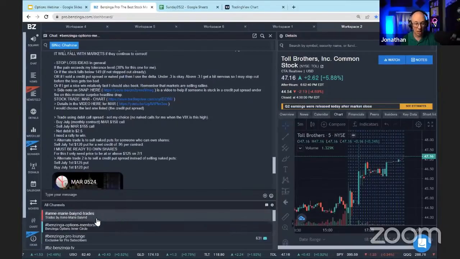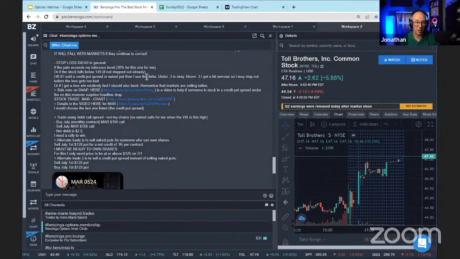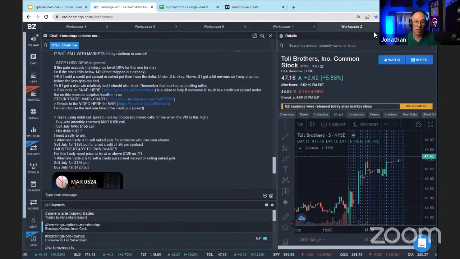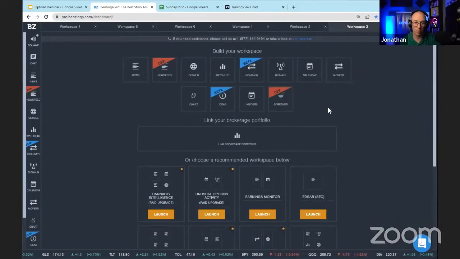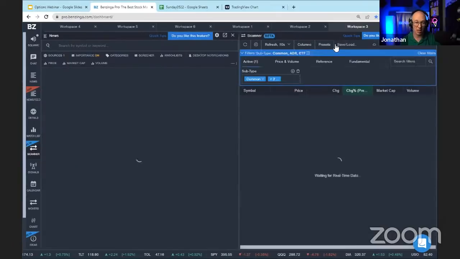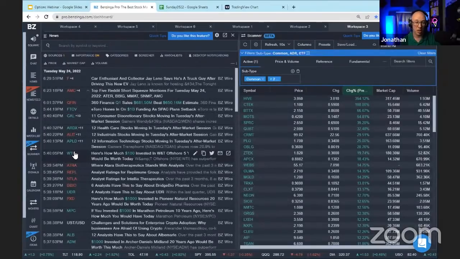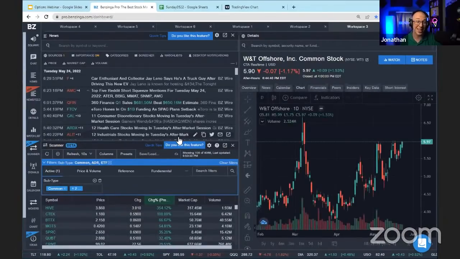But basically, it's this chat room, Benzinga Options Mentorship, inside of Benzinga Pro. It's the Options Mentorship Program. And then you also get all of these other tools that are included with Benzinga Pro. So you have the news feed, you've got a scanner in real time, you can do all your charting here inside of Benzinga Pro. So all of that is included with the Options Mentorship subscription.